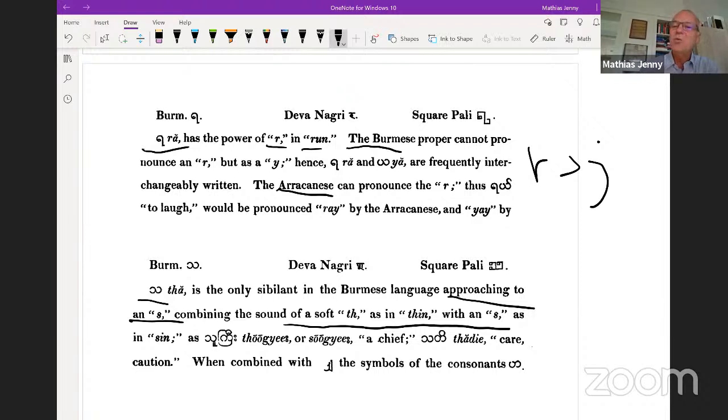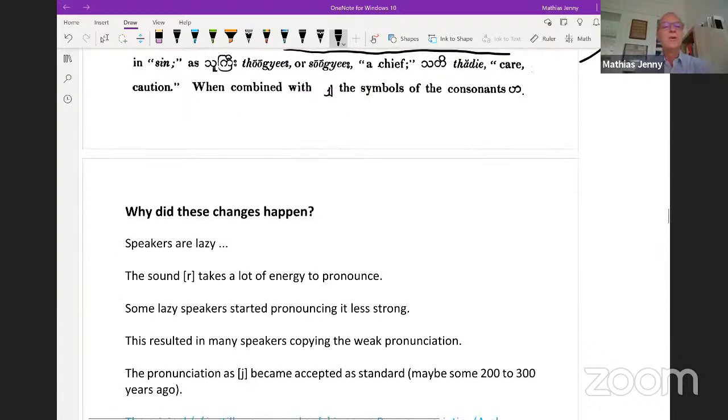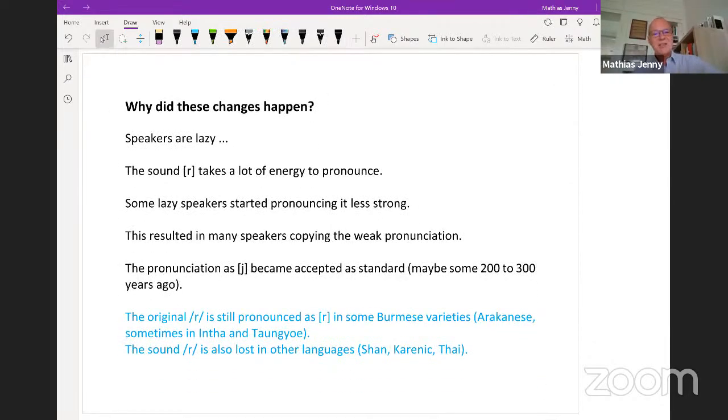So about 200 years ago, maybe less than 200 years ago, there was the change sa to tha, still going on. This change is going on now for many people towards ta. So we have sa to tha, and now it's pronounced ta by many people. So these are sources that we can use to reconstruct these changes.